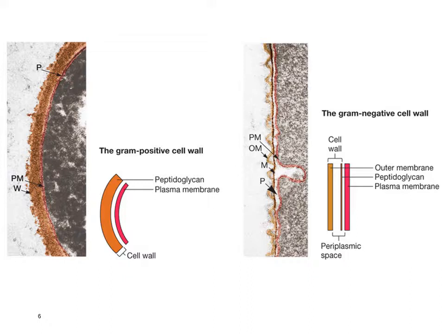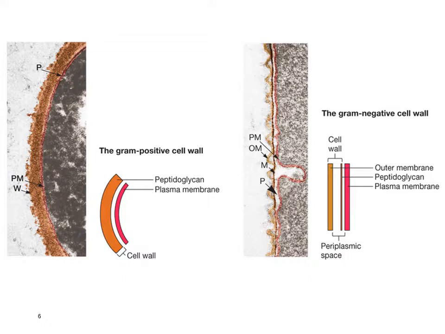So because of the thicker peptidoglycan layer in gram-positive cells, these gram-positive cell walls are more resistant to osmotic pressure than those of gram-negative cell walls. The space in between the plasma membrane and the peptidoglycan layer in gram-positive cell walls is called the periplasmic space.